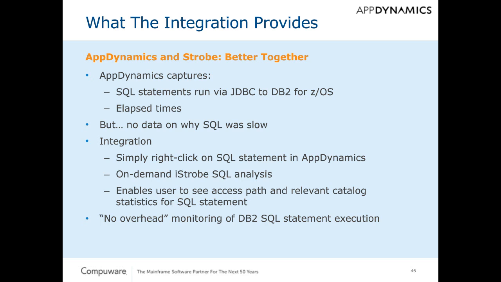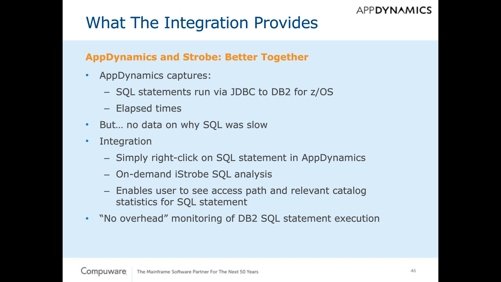So with this integration, and this is where iStrobe comes in, since AppDynamics captures this SQL, they can use what's called the request SQL analysis feature on demand to actually get information about that SQL statement.